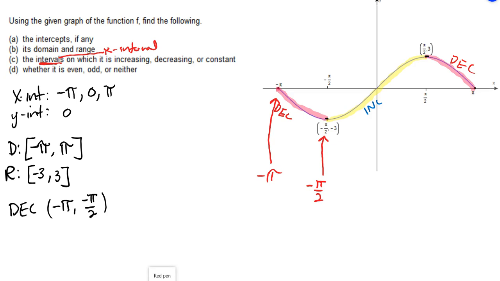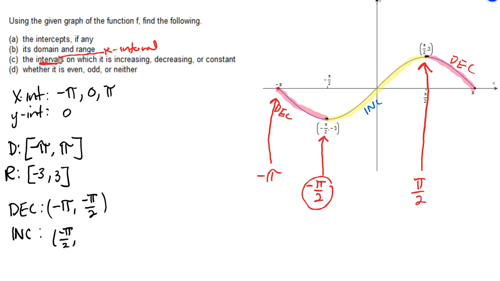Then the next interval is increasing, and we've already seen that it starts at negative pi over 2 and ends at pi over 2. So we can say that our graph is increasing from negative pi over 2 to pi over 2.